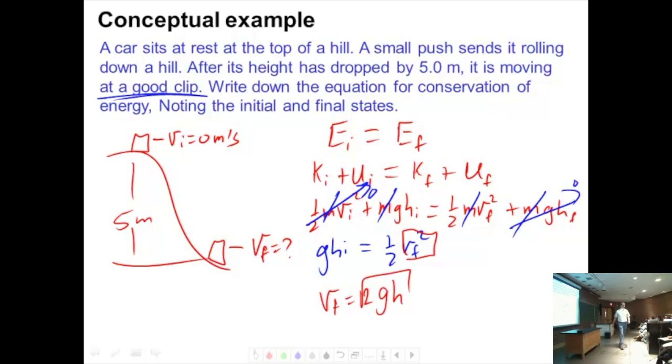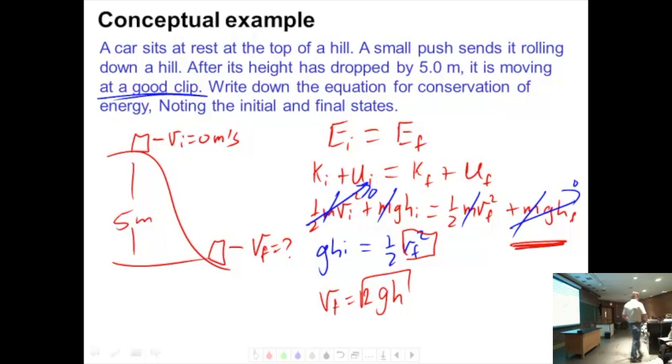Why does that mgh cancel out? Because my h final is 0. I'm at the bottom of where I care about. Now, if I gave you more information, I said you're halfway down the hill at that point in time, then for that h final, I would have to decide where I put my 0 and plug some numbers in.